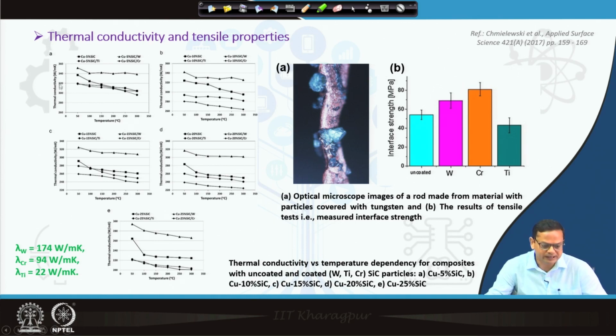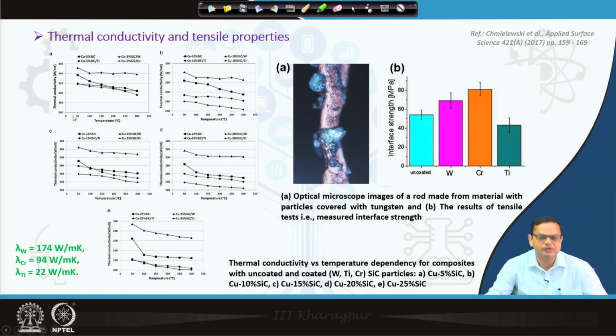Okay. Now, if you look at the first case, 5% silicon carbide, you see these lines, all for different coatings. So, you can see here we have copper 5% SiC, that means without any coating, and then with coatings the 3 different lines you can see.